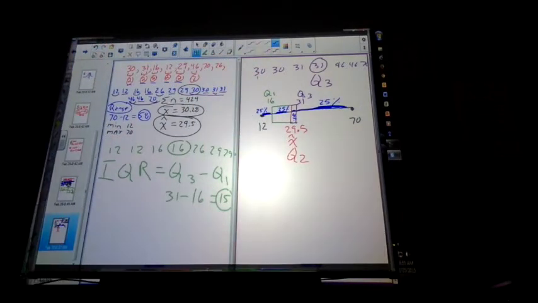So let's see if we have any outliers. By looking up there, do you think we have anything that's an outlier just by looking? 70 could be. Seems like it's pretty far out, right? So what did I say the equation was to find the outlier?